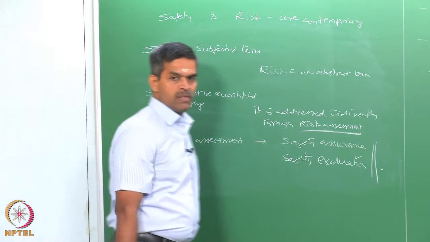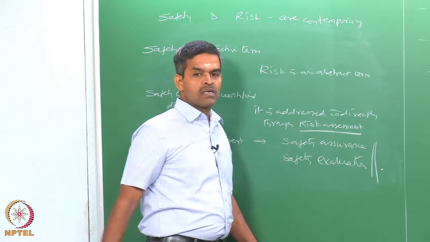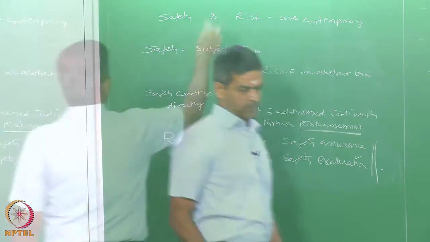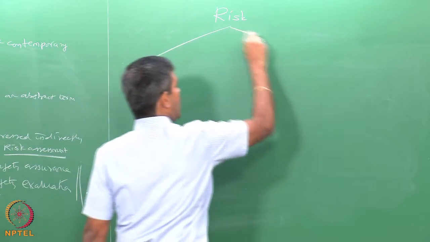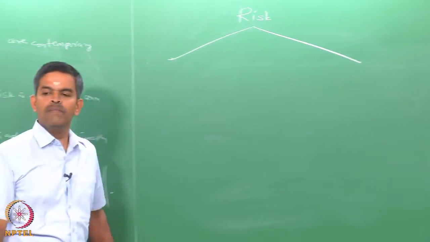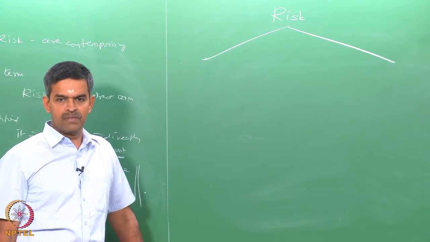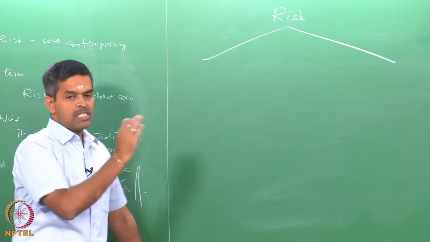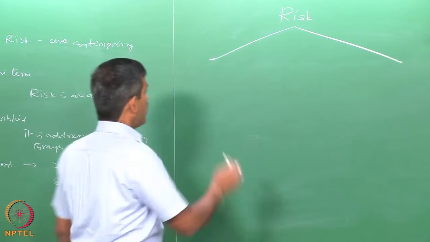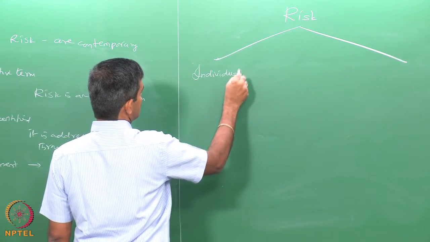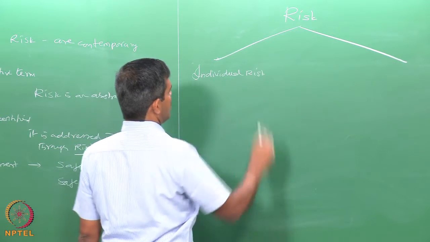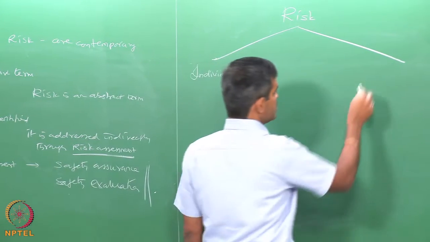Having said this, risk assessment can be classified into two. As expected by you all, as you have been anticipating this definition, risk can be classified broadly into two. One is about the individual risk, other is about the societal risk.